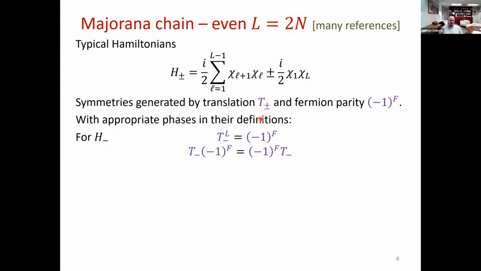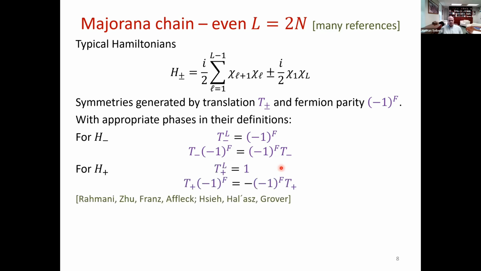For H minus, it's easy to check that these operators satisfy the following algebra. T minus to the L is translation around the whole chain, and since we have anti-periodic boundary conditions, it's not 1, but it is -1 to the F. And furthermore, translation commutes with -1 to the F. So this is the algebra of operators that we study.